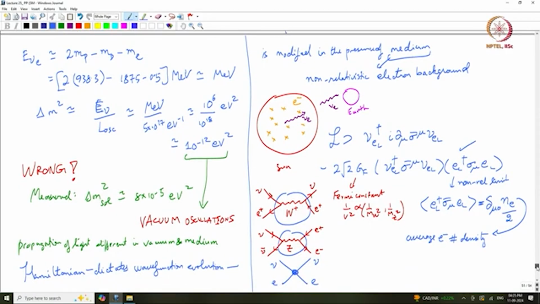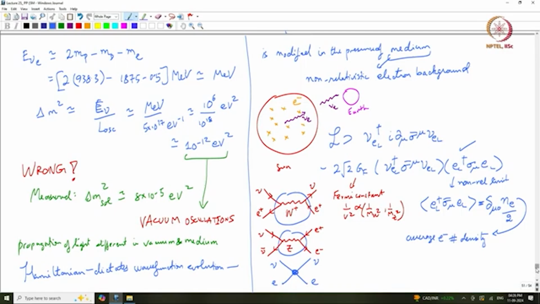We are already familiar with that in optics, right? Photons traveling through glass or water undergo dispersion, correct? And the effective Hamiltonian that you need to write down for the equation of motion would essentially be modified. That is what is going on here as well.